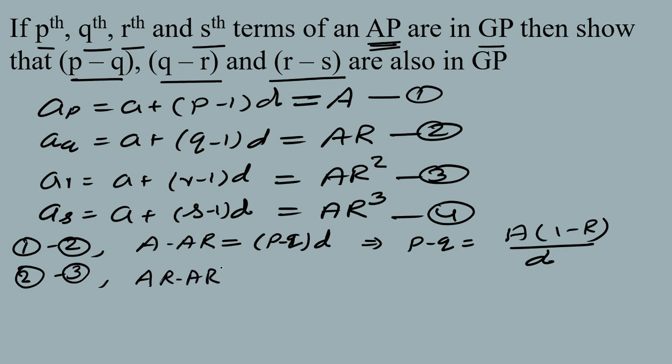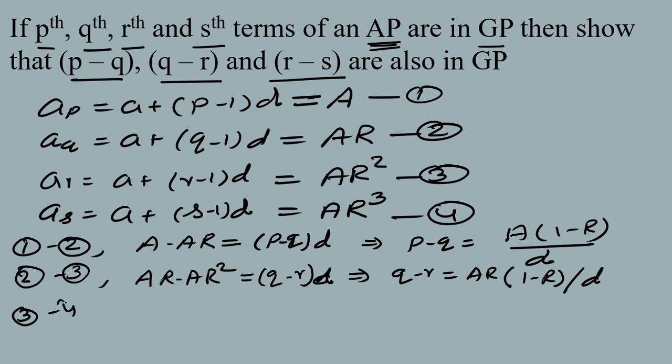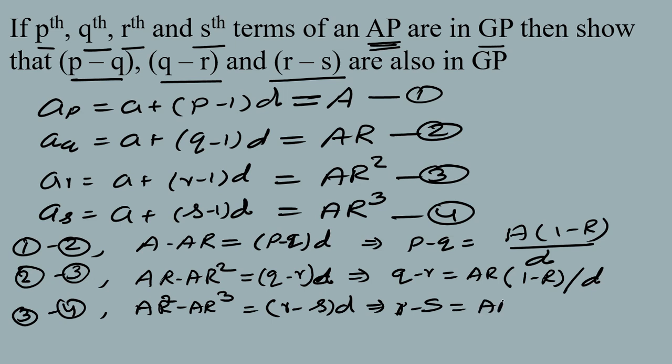AR minus AR square equal to Q minus R. Please make sure that you check this calculation, how I am getting P minus Q and Q minus R. So Q minus R is equal to AR taken common, 1 minus R, divided by D. Next, 3 minus 4 will be equal to AR square minus AR cube, and it will be equal to R minus S times D, that is, AR square taken common, so R minus S will be equal to AR square times 1 minus R over D.